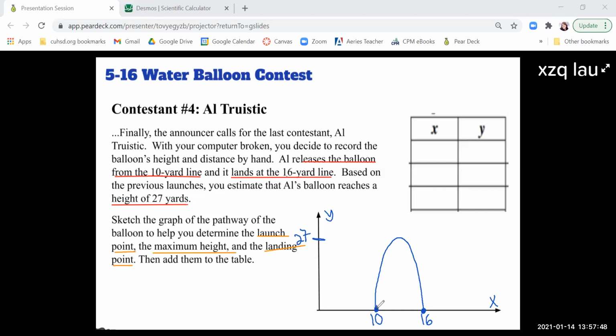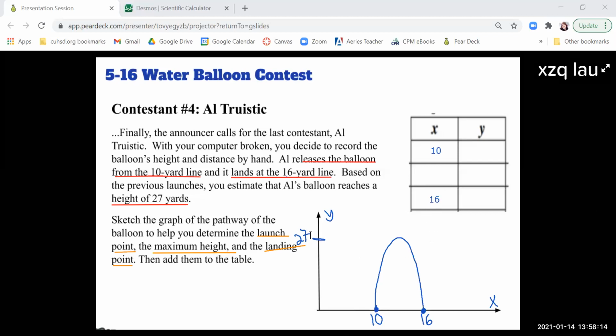All right. So when we're identifying our key points on our table, we have partial information here. We have x-intercepts that have an x value of 10, there's our launch value, and an x value of our landing at 16.